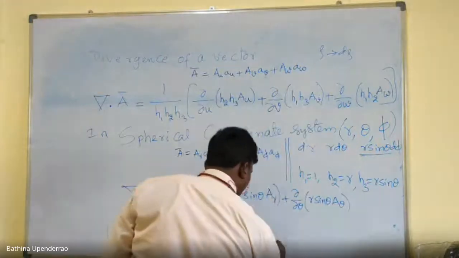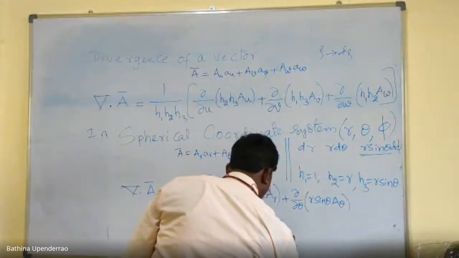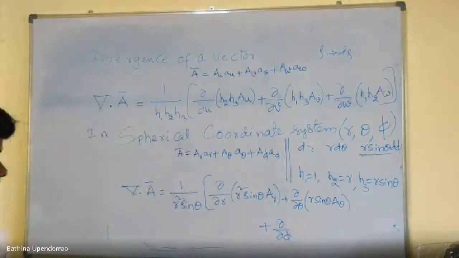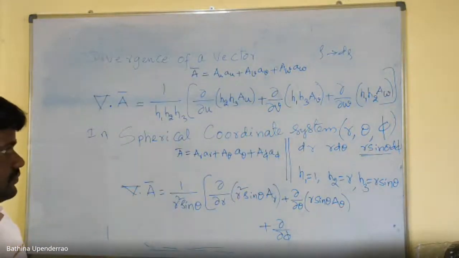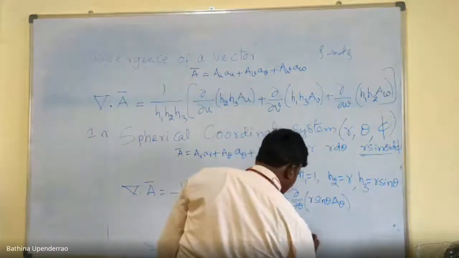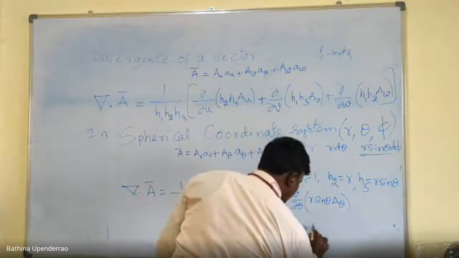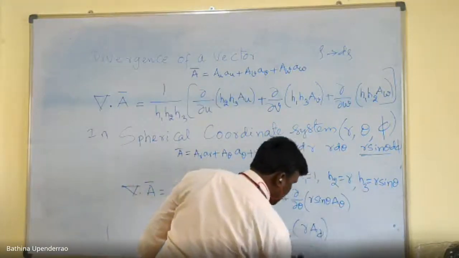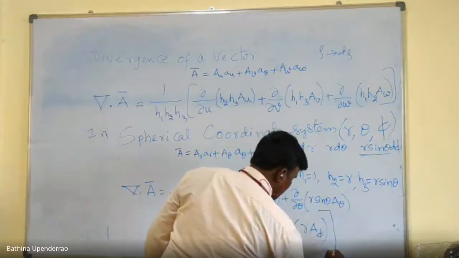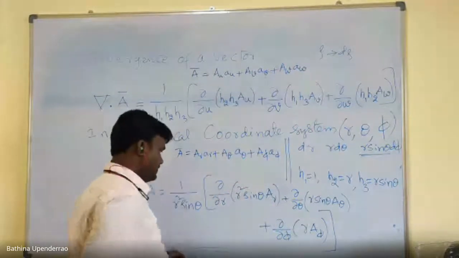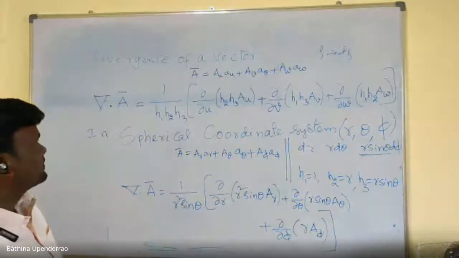Plus, I am writing the third element here itself, that is dou by dou phi of h1 h2. h1 is 1 and h2 is r. Aw means the third element. What is the third element? That is A phi, the third component of A, or else the magnitude of A along the phi direction. Now simplify this one.